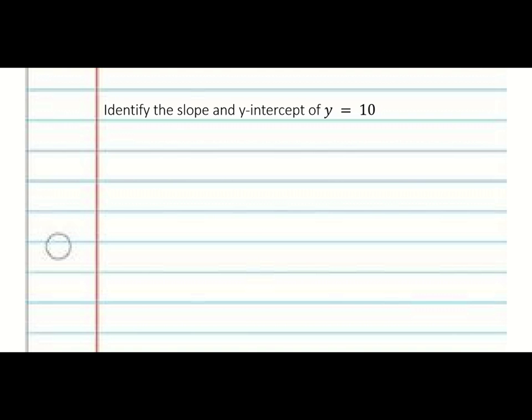Our next example says identify the slope and y-intercept of y equals 10. So again, we're still working in the form y equals mx plus b, your slope-intercept form. And we want to identify the slope and the y-intercept. So again, the slope's represented by the variable m, and m is what's immediately in front of x.